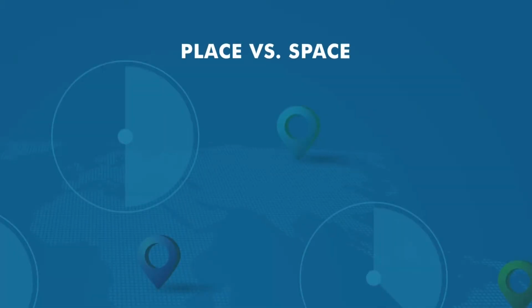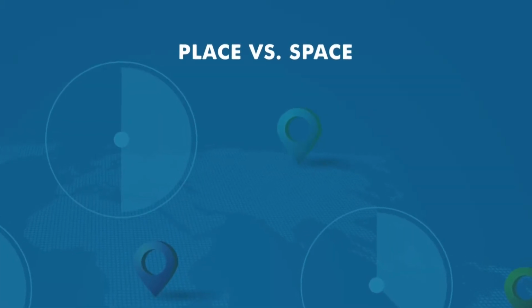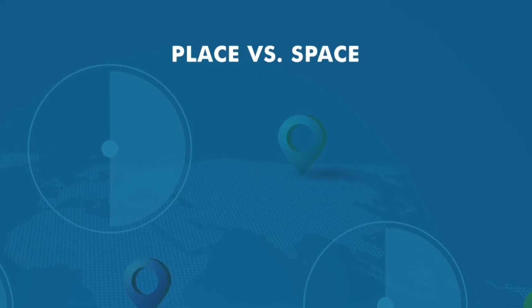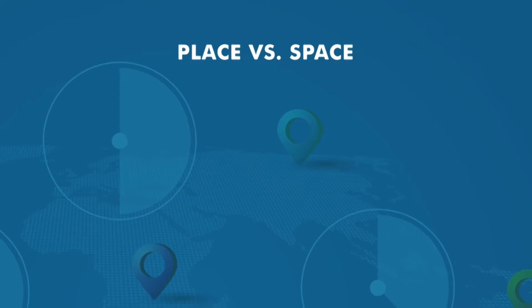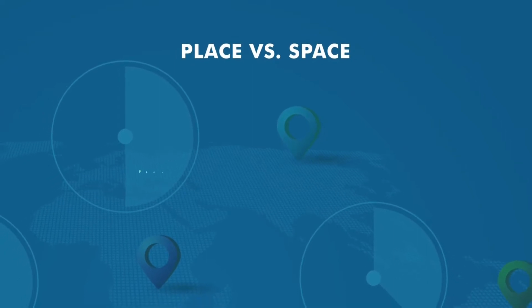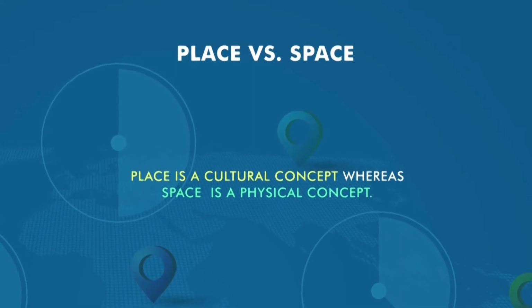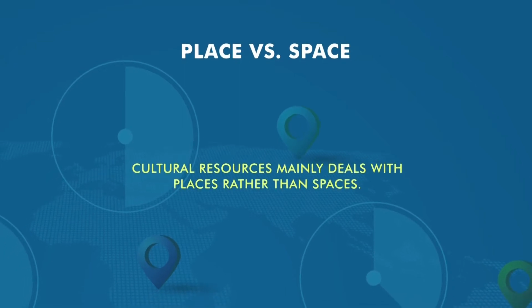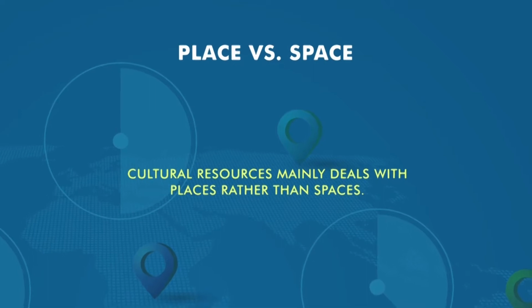So, place versus space is a very important thing to know before we go further in this particular deliberation. We need to know that place is a cultural concept, whereas space is a physical concept. Cultural resources mainly deal with places rather than spaces.